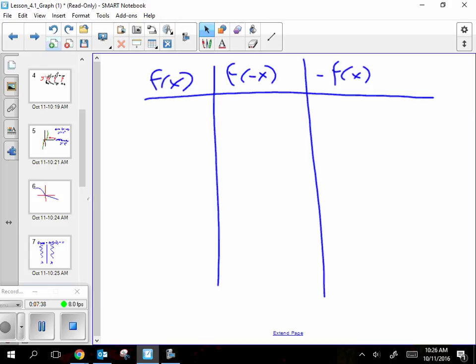So let's say that I have a function of y equals x squared. And you know already that that has what kind of symmetry? Even symmetry. So that would be our f of x. That is our standard function that we'll start with here. Notice y is f of x. So f of x equals x squared.